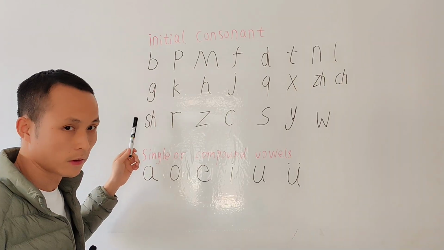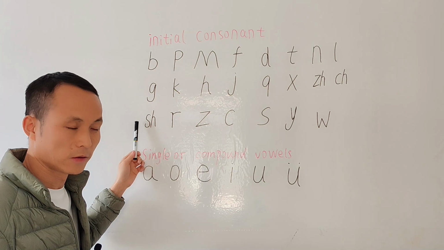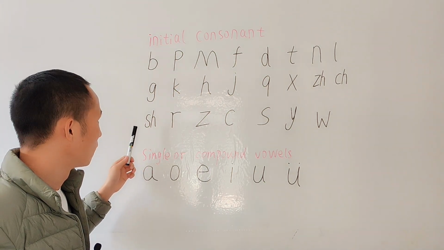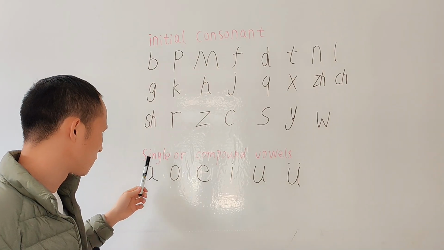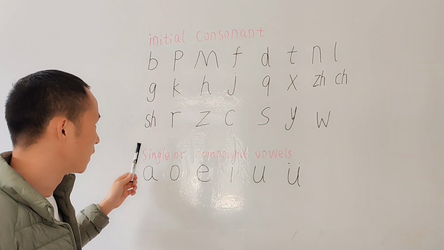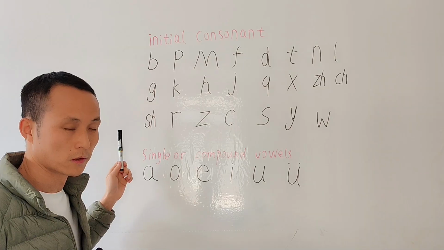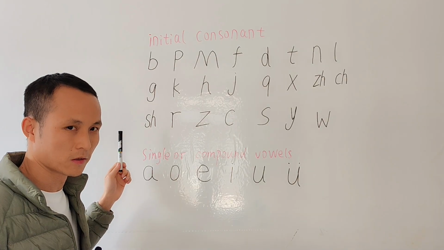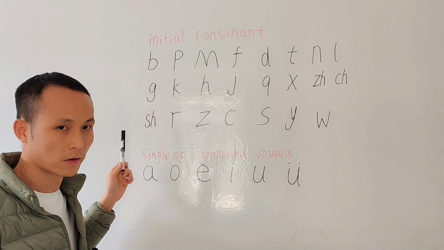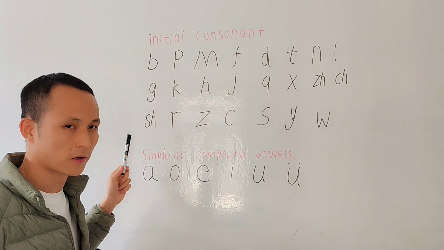It's like a leader in the pinyin, to make a sound, followed by single or compound vowels to complete the formation of a Chinese pinyin syllable. It's more usually called pinyin. I don't think syllable is the right word to describe it in English.